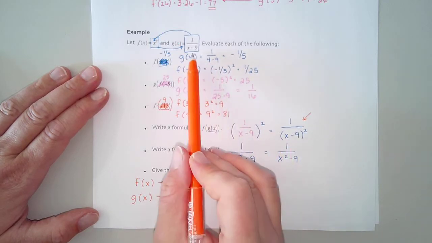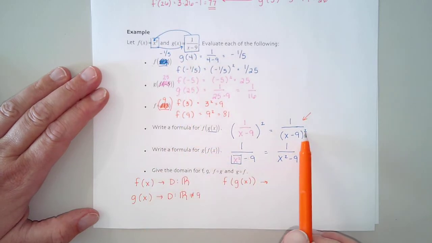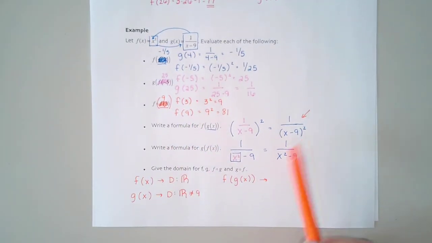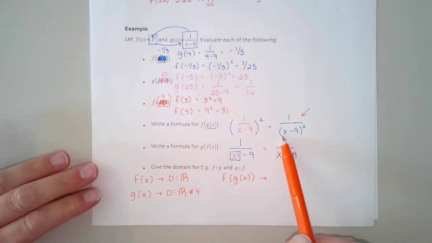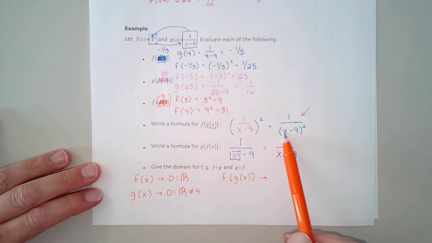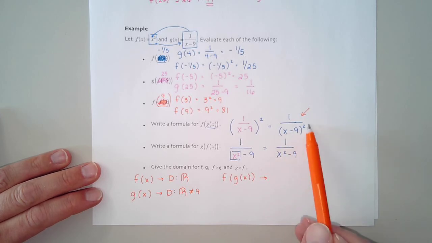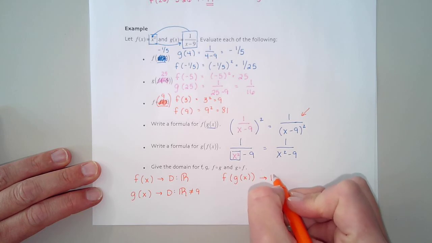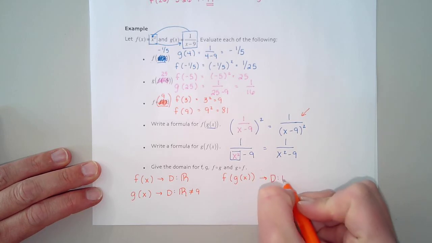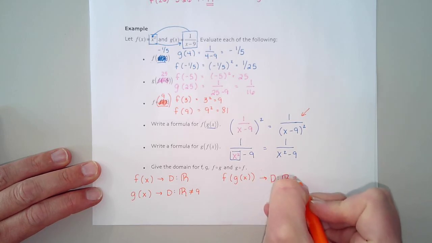Well, I'm in really the same situation I was back here. Yes, technically that's being squared, but that just means I have 2 copies of that thing. So I still can't let x be a 9, because 9 minus 9 would give me 0. 0 squared would give me a 0 on the bottom of my fraction. So I'm sticking with that same domain. All real numbers except 9.